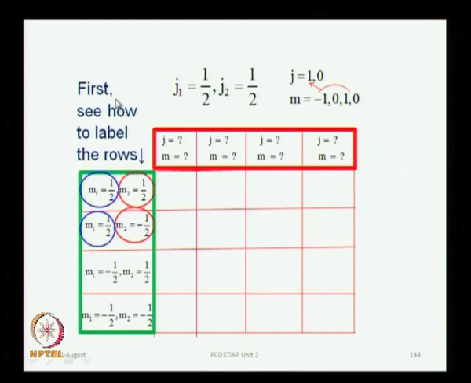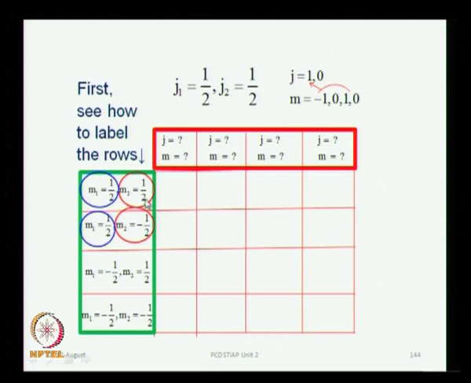Now, this is how you compose a matrix. So, you first generate a 4 by 4 table. Do not even look at the columns first, see how the rows are labeled. These are the labels for the rows.